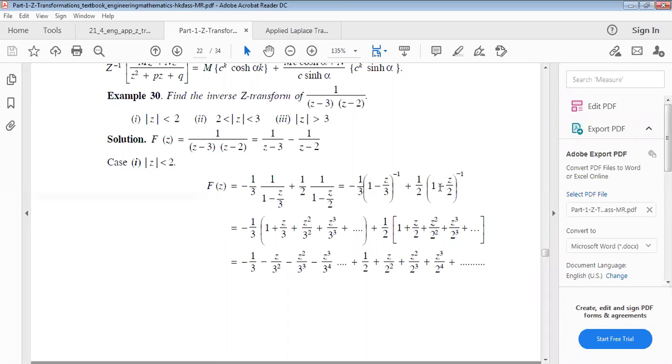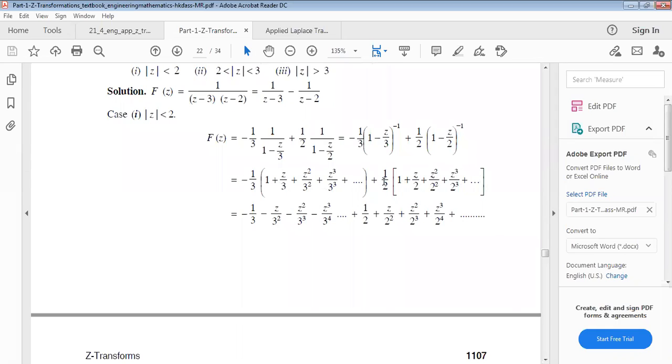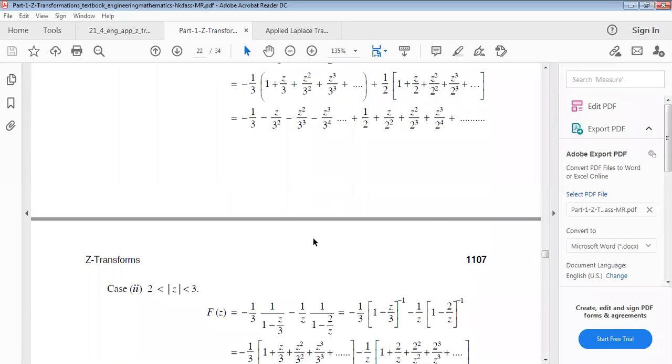Then we get two polynomials, in z by 3 and in z by 2. Using 1 minus x to the power minus 1, which equals 1 plus x plus x square plus x cube and so on, with x being z by 2 in the second case, and multiplying by minus 1 by 3 and by half, we get this whole series.